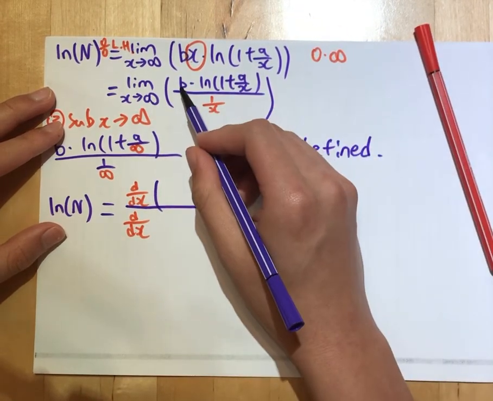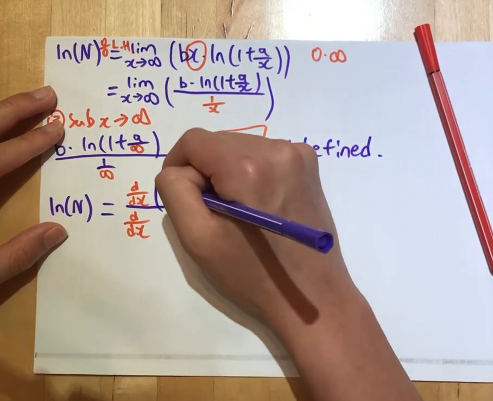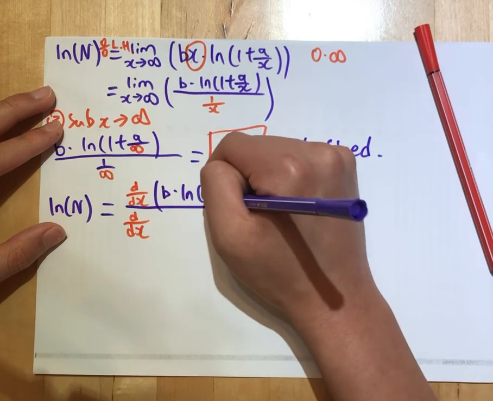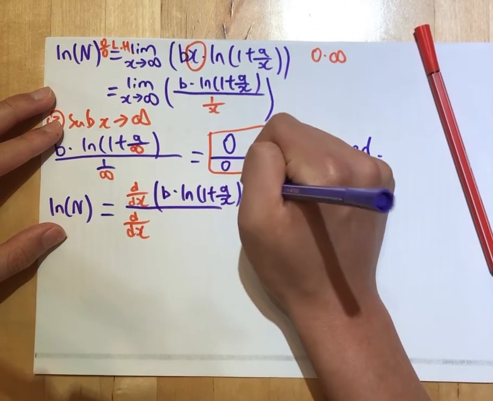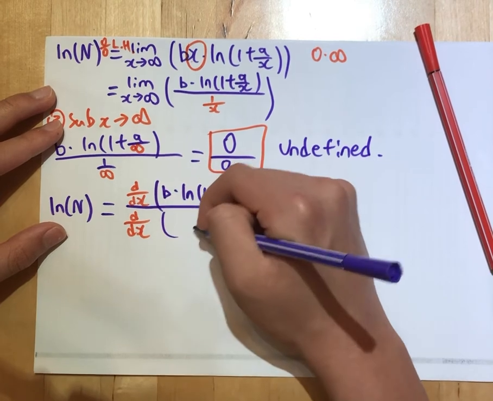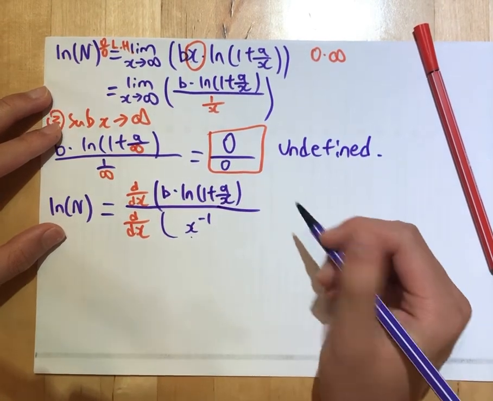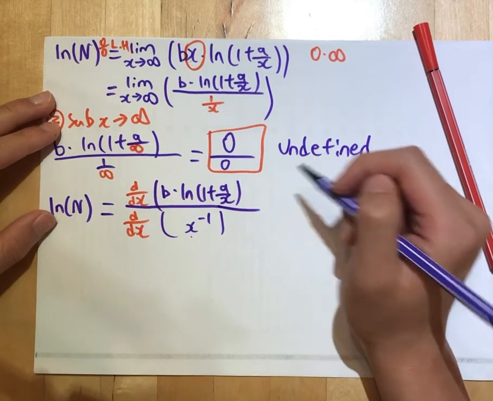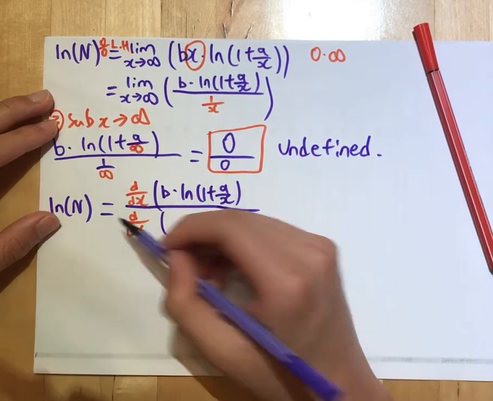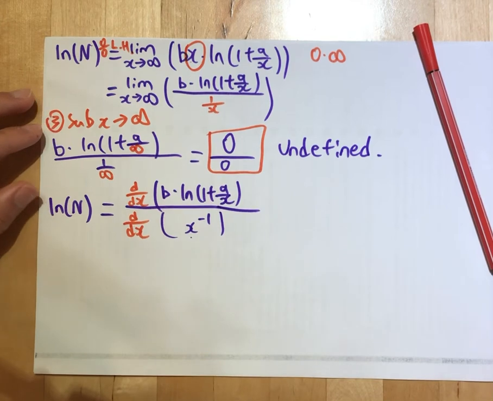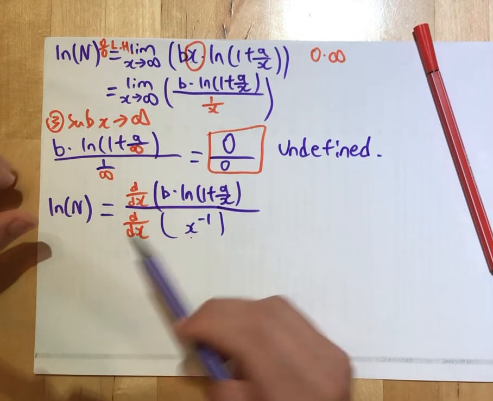So we now differentiate the upper one and also the lower one. This is x to the -1. I forgot to put down the limit, but that's okay.